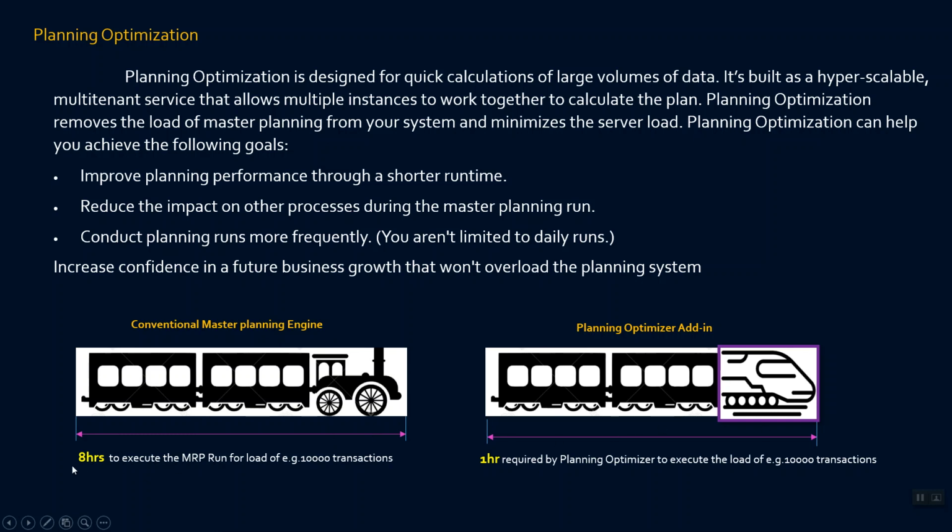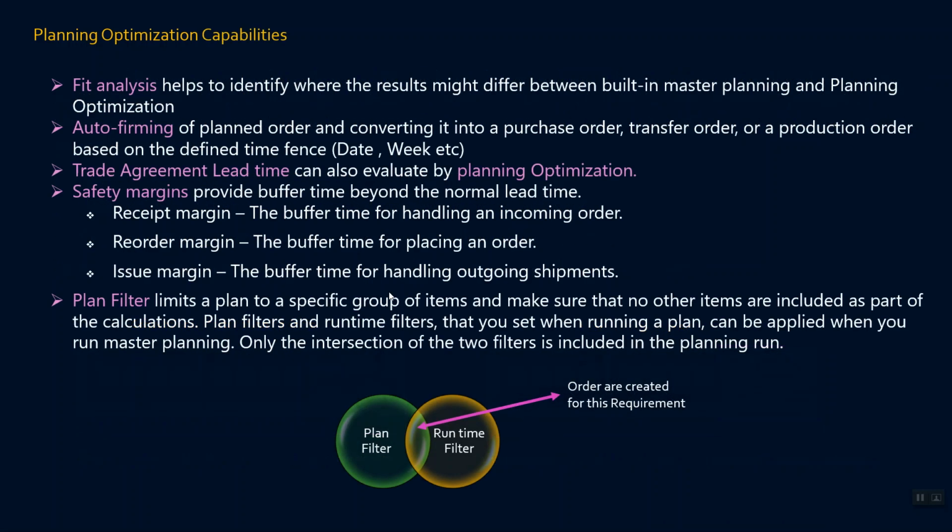Whatever work it does in 8 hours, it will execute in 1 hour. These are not exact figures, just an illustration to explain how fast planning optimization works. Let's go to our next topic, planning optimization capabilities. When you are switching from master planning to planning optimization, you can use fit analysis.